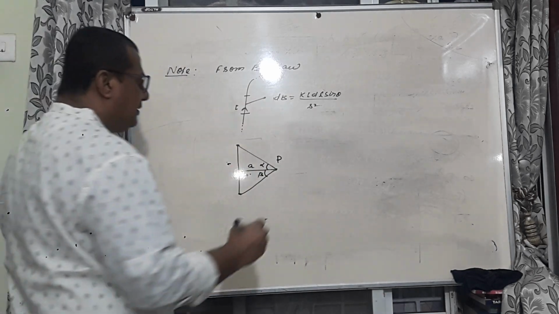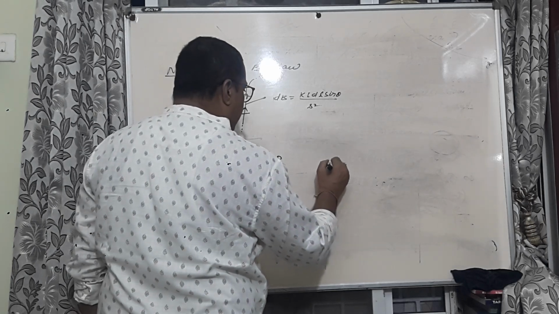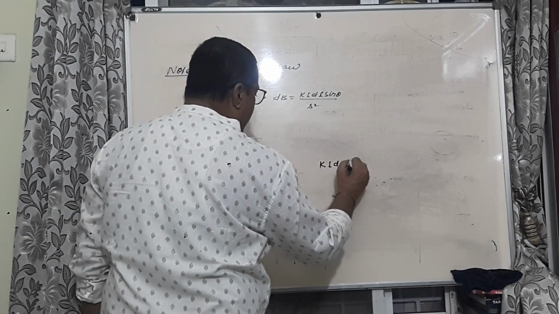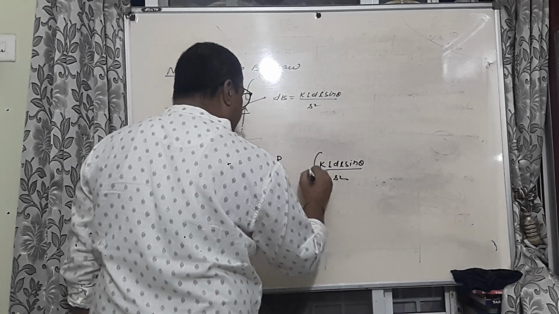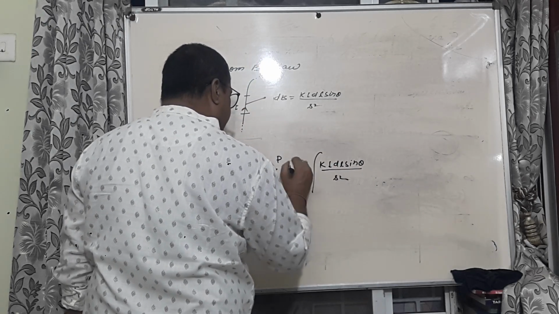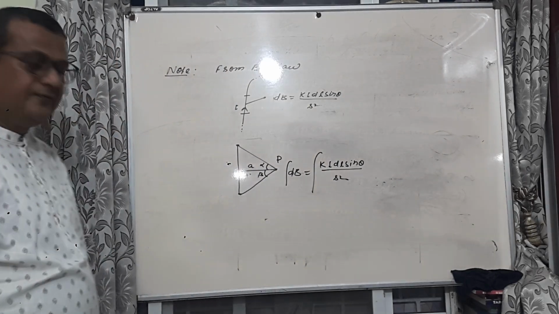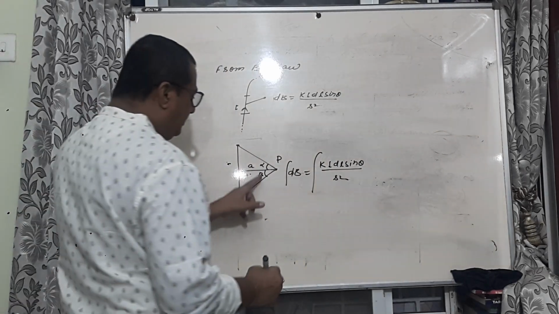Then simply K I dl sin theta divided by r square will be integrated from this angle alpha to beta.